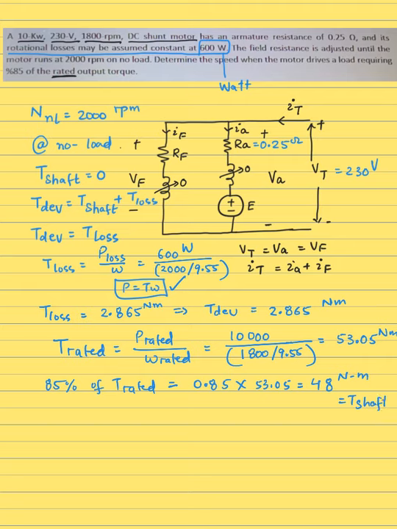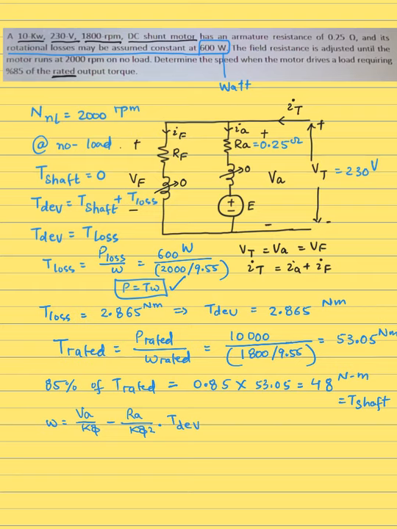Okay, now we're going to make use of this equation saying omega equals VA over K phi minus RA over K phi squared times T. Here this T, make sure, is the developed torque. Okay guys, so always keep that in mind, it is the developed torque.